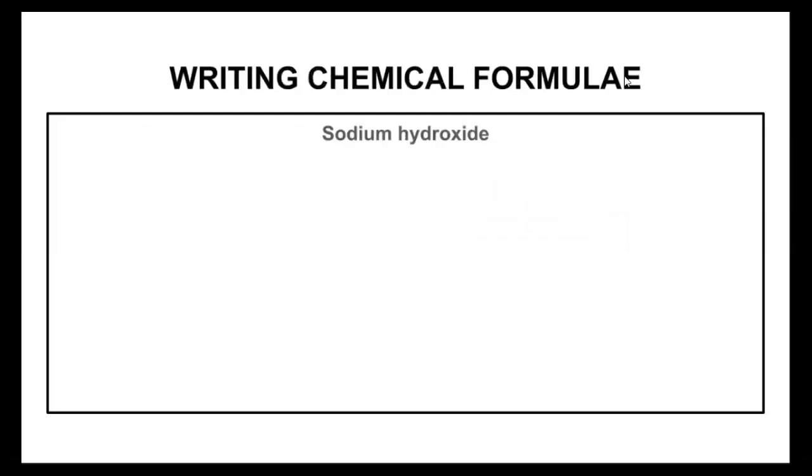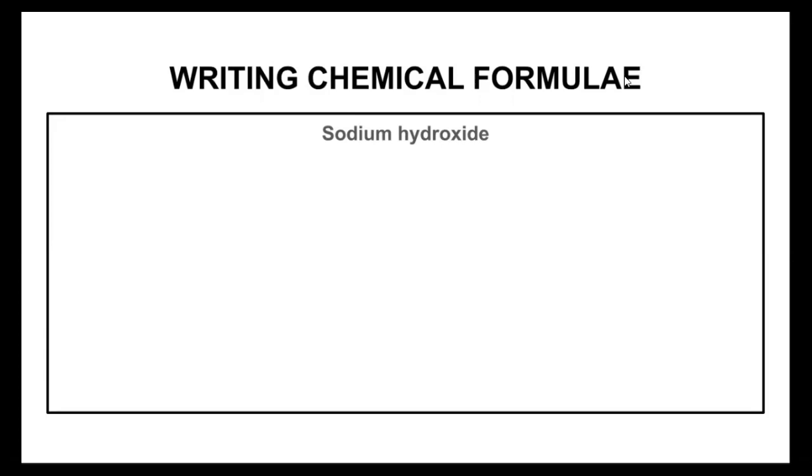Let us understand now how to write the chemical formulas. So I have taken few of the compounds from easier one to a little difficult one, and when we are going to study all these formulas, all the rules which are used in writing the chemical formula will be covered.